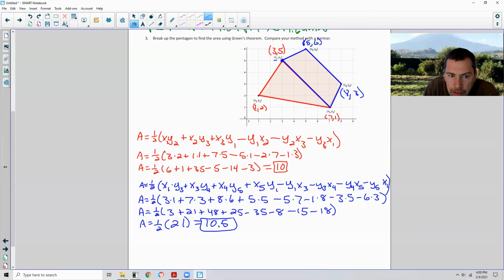So the area is the area of the triangle plus the area of this. So the total area equals 20.5 units squared.